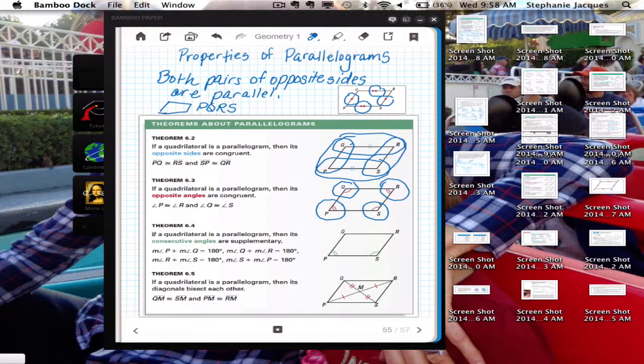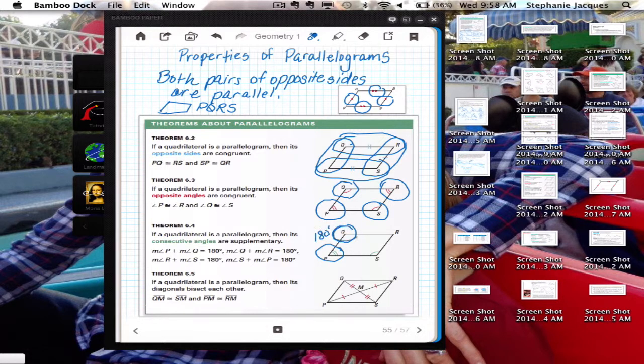Theorem 6.4 states if a quadrilateral is a parallelogram, then its consecutive angles, remember that one means right after one another, are supplementary. So in this instance, we have a quadrilateral. So angle P and angle Q should add up to be 180 degrees.